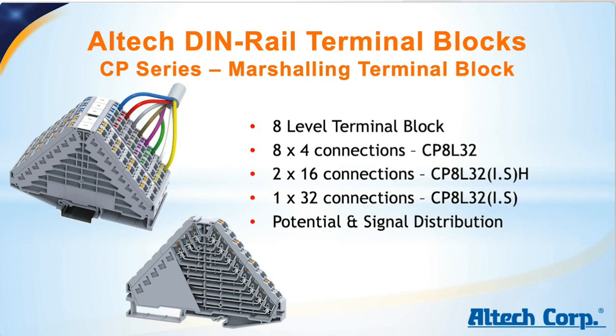There's a couple variations of this terminal block, where one variation has the 4 upper levels shorted and the 4 lower levels shorted for a 2x16 connection, or another variation where you have all 8 levels shorted and then you have 32 connections on the same potential. One of the most common applications for the marshalling block is, for example, potential or signal distribution.